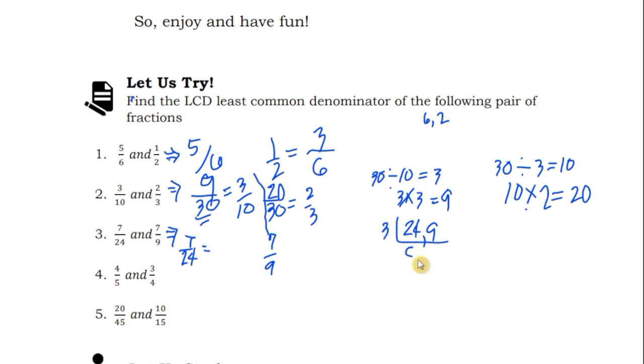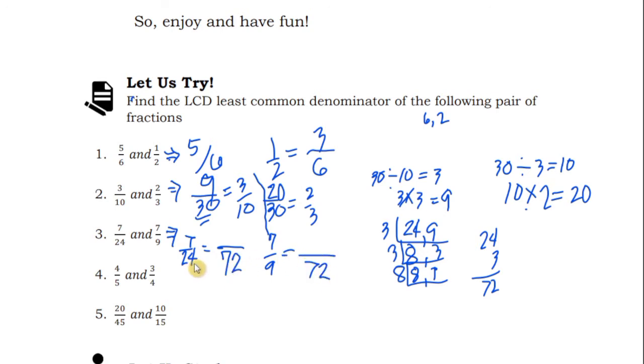Both are divisible by 3: 24 gives 8 and 9 gives 3. So 8 times 9, or 24 times 3, is 72. So the common denominator that they have is 72.